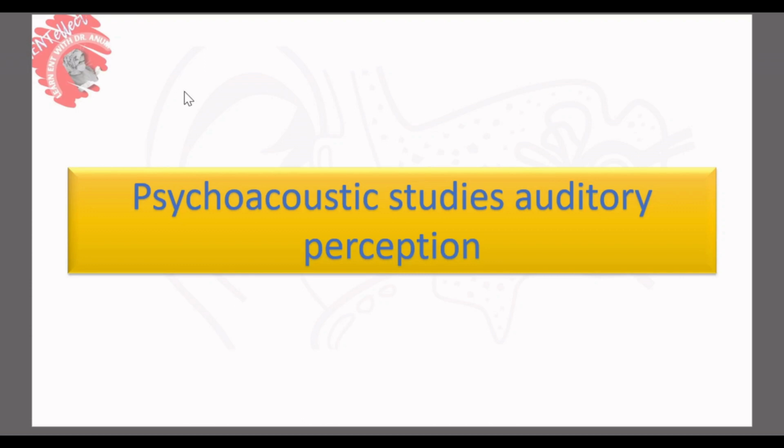So psychoacoustic audiometry is that PTA or pure tone audiometry that is commonly done in an ENT clinic or an audiology clinic to get an idea of hearing of the patient and the type of hearing loss if there is any.